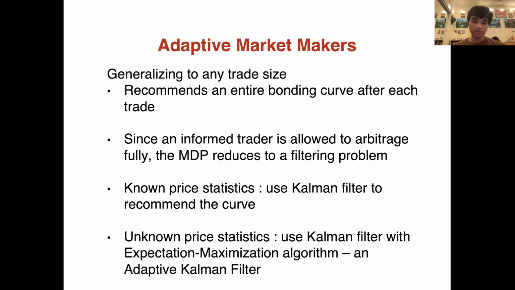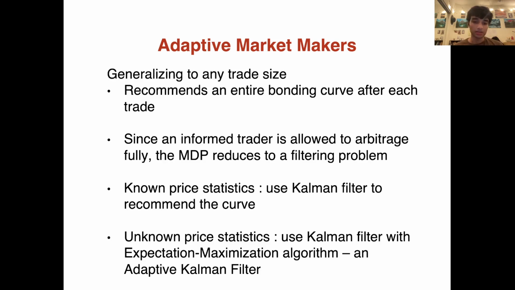We can generalize the algorithm to any trade size and variable trade size. This would entail recommending an entire bonding curve after each trade. And since an informed trader in this case is allowed to arbitrage as much as their belief is, the partial Markov decision process reduces to a filtering problem.